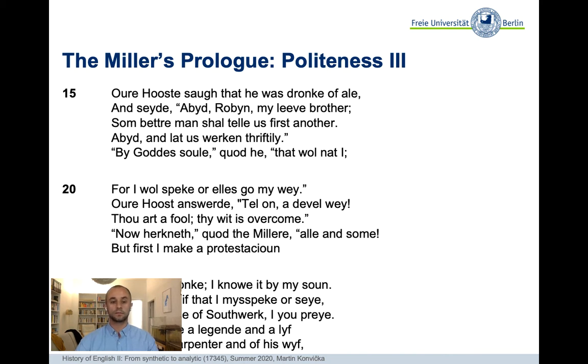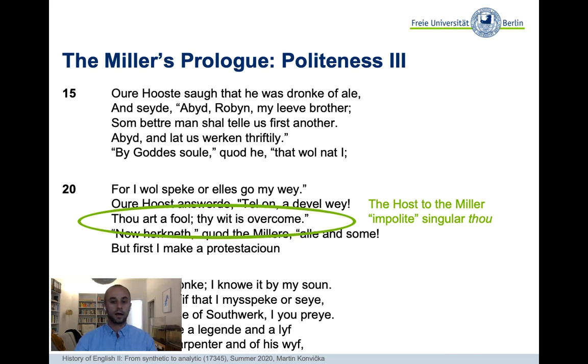So here the host speaks to the drunk miller in a completely different way, right? So have a look at line number 22. "Thou art a fool, thy wit is overcome," right? So the host talks to this drunk miller and he uses the original, actually the normal singular pronoun thou, or also the possessive form thy.